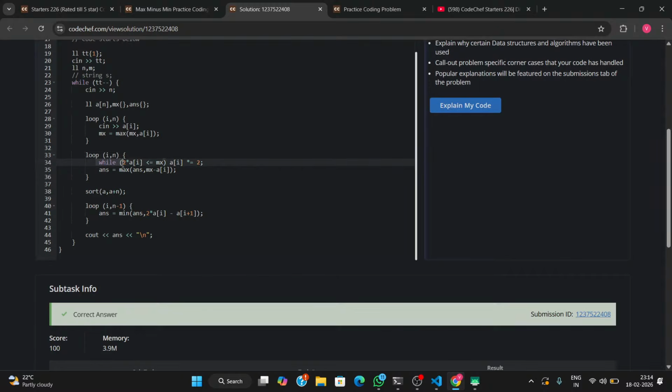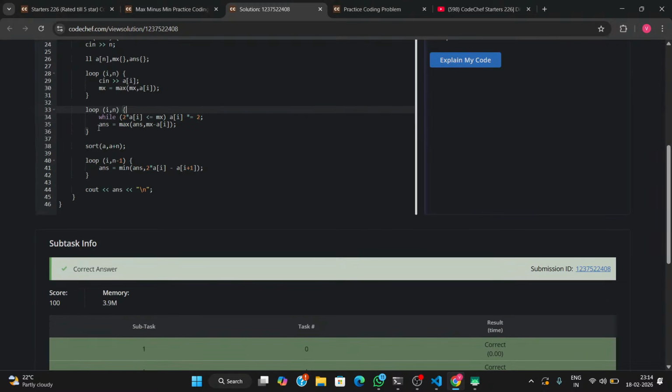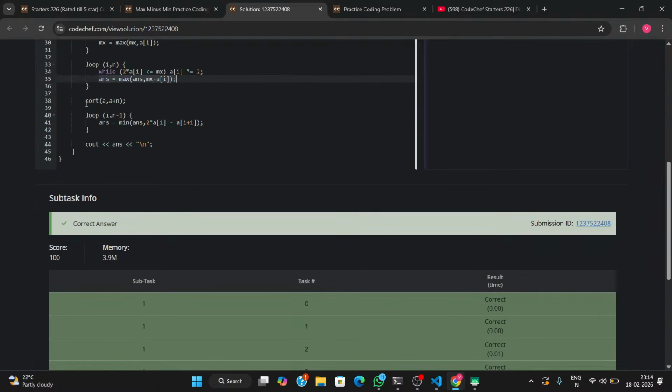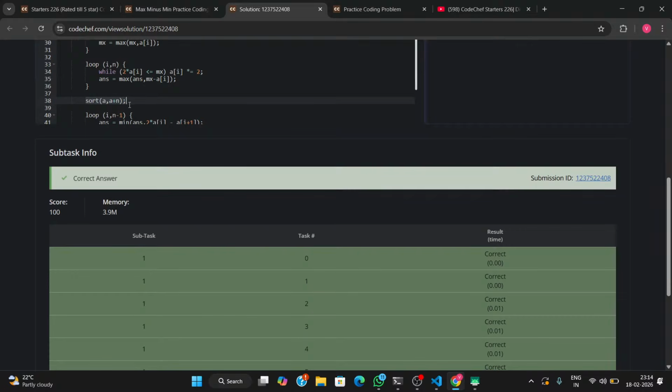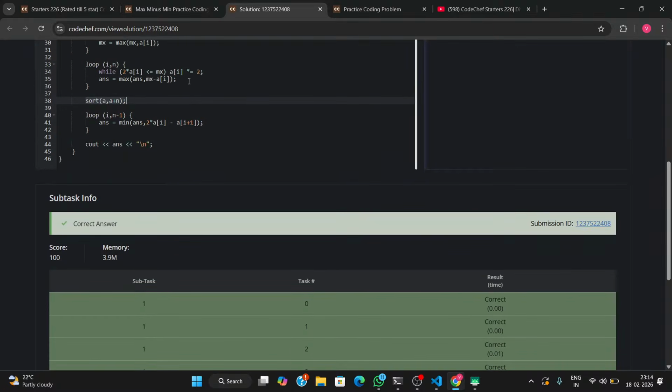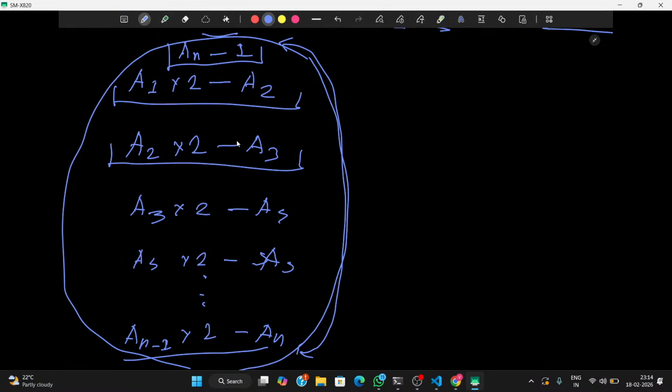So we multiplied AI as long as we can, and then after doing this, our answer will be simply max minus AI. What you can do is not calculate the answer here. You can simply sort the array and then say that our final answer will be AN minus 1 minus A0, that was our initial answer.